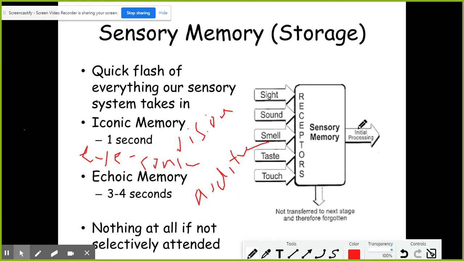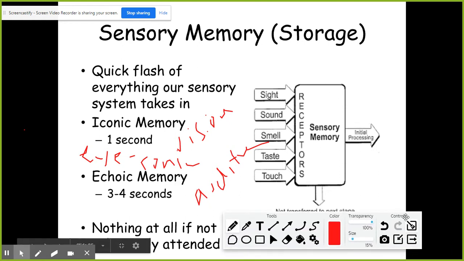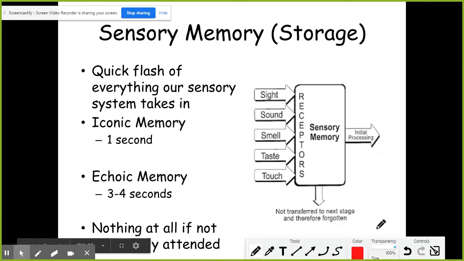Have you ever had somebody say something and you don't really process it, and then 2 seconds later you're like, wait, what did they just say? It just takes a little bit longer for us to process that. So sensory memory is a split second holding cell for all the sensory information that comes in. Most of it is lost almost immediately. But what is not is transferred over to the next level of storage, what is called short-term memory.